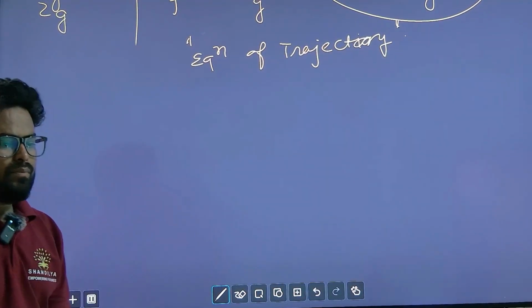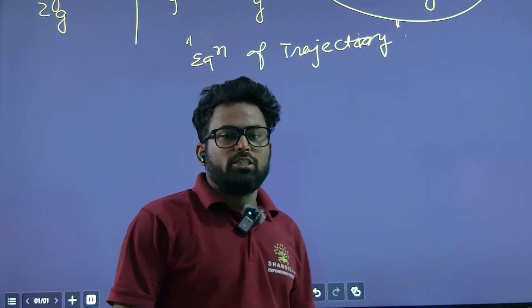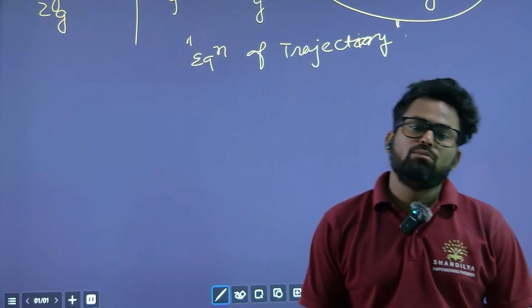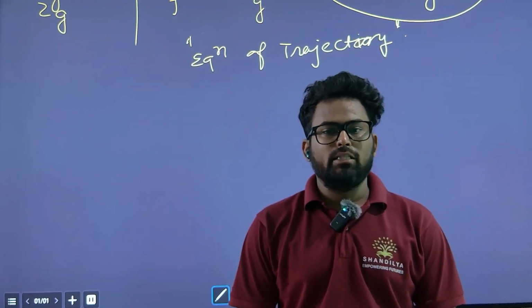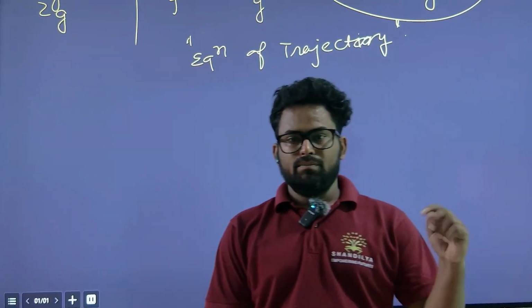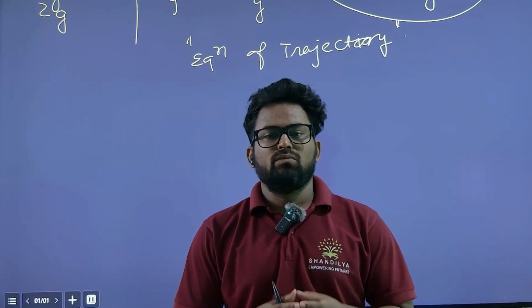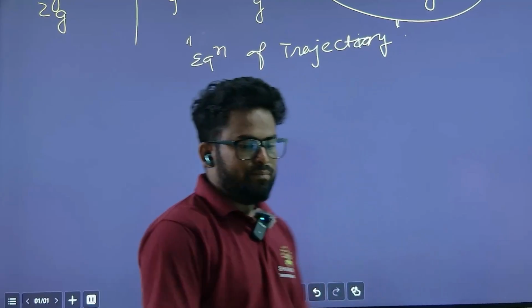Important questions are found on this one also. So equation of trajectory of projectile. Basically, equation of trajectory means, if the particle is moving in x and y axis, the relation between x and y coordinate is called equation of trajectory. If the particle is moving in x, y, and z direction, then equation of trajectory is just the relation between x, y, and z. Okay.